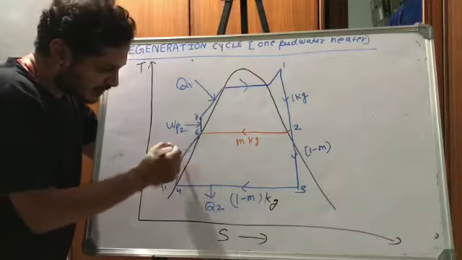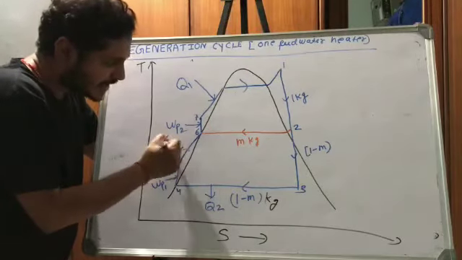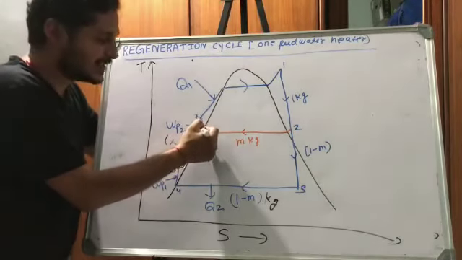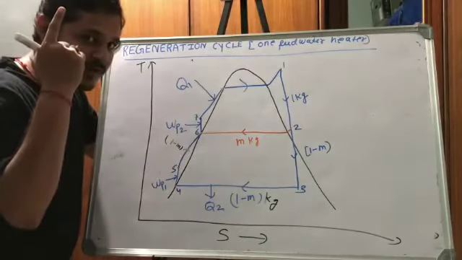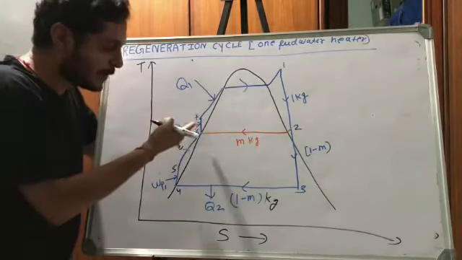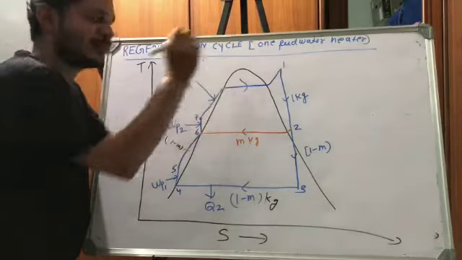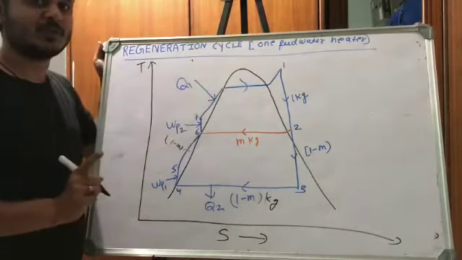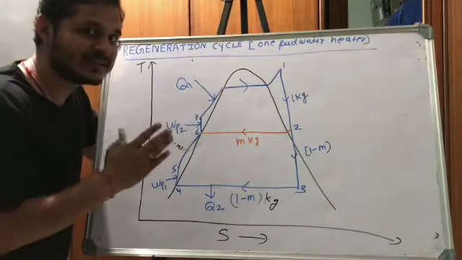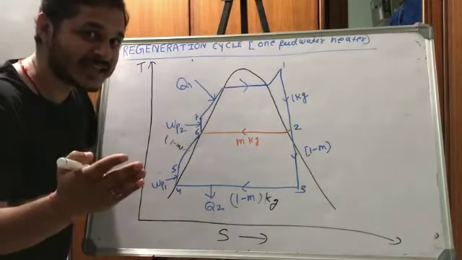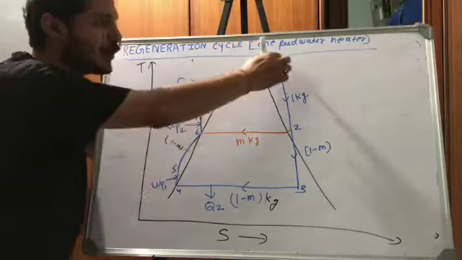How much is coming? See, 1 minus m, and here m, it will become 1 kg again here, and from 6 to 7, 1 kg of water will be pumped by pump number 2 to the boiler, and the boiler will heat from point 7 to point 1 with Q1 amount of heat. Okay, so what changes are we seeing here? In our ideal Rankine cycle we were heating from point 5 to point 1.